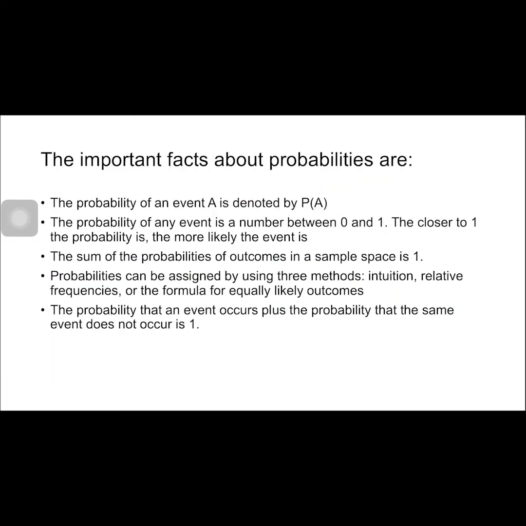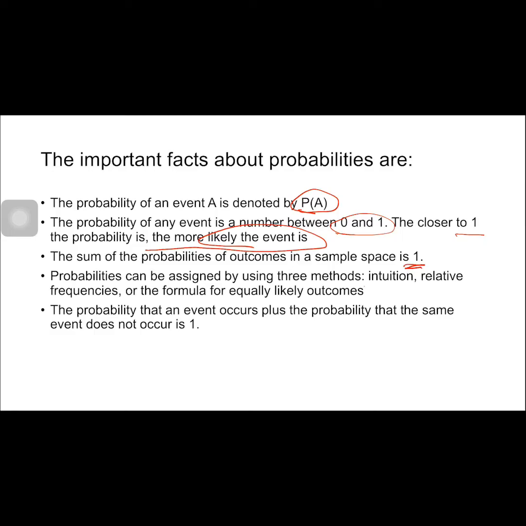Okay, so I have here some important facts about probabilities. First, the probability of event A is denoted by P of A. The probability of any event is a number between 0 and 1. The closer to 1 the probability is, the more likely the event is. The sum of the probabilities of outcomes in a sample space is equal to 1.